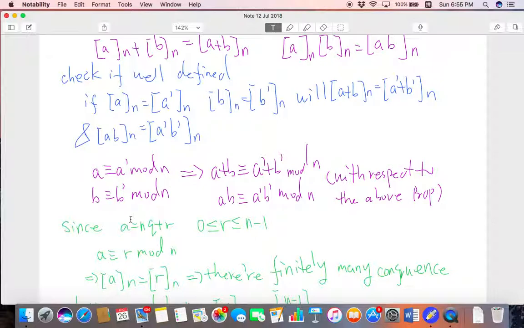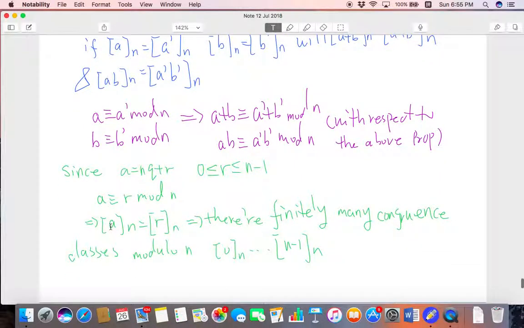According to the rules of division, you can write a equals n times q plus r, where r is a remainder and it is certainly less than n. With our knowledge of congruent classes, that is equivalent to saying a is congruent with r mod n, because a minus r is nq, an integer multiple of n.